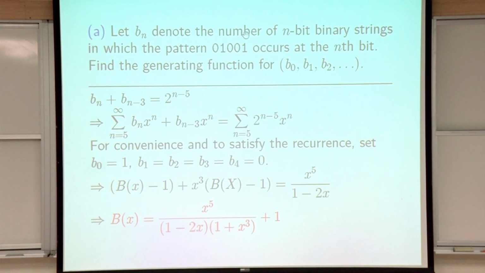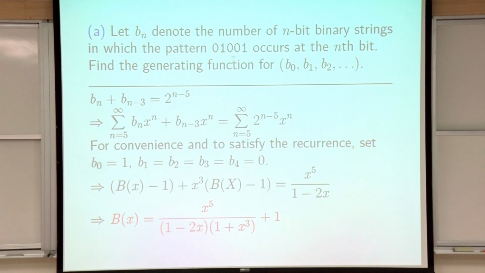For every string ending with 01001, the pattern can occur at the last bit. But it's also possible that we have something like 01001 and then 001.